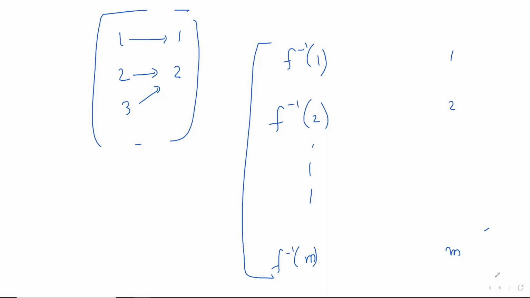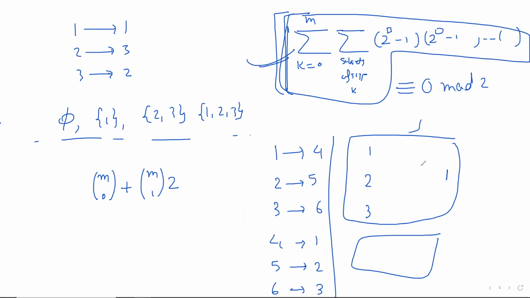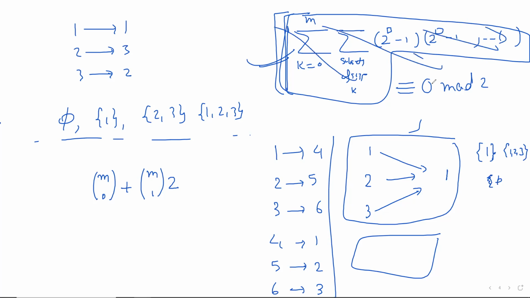Oh, yes, sorry. So then for this function in which everything goes to 1, so what are the invariant sets? Right. Yeah, so this formula is wrong because it's kind of counting something else. Yeah, so this is 3.